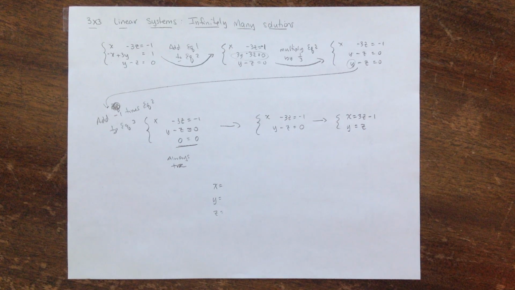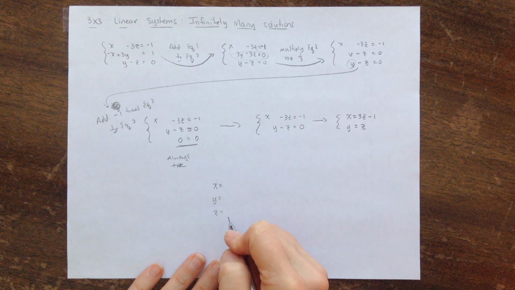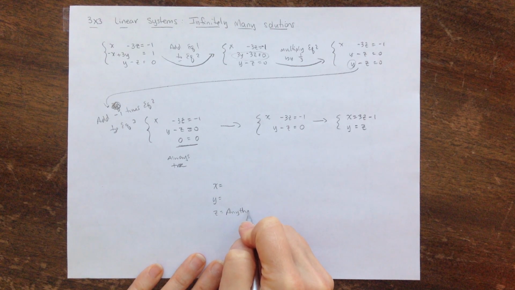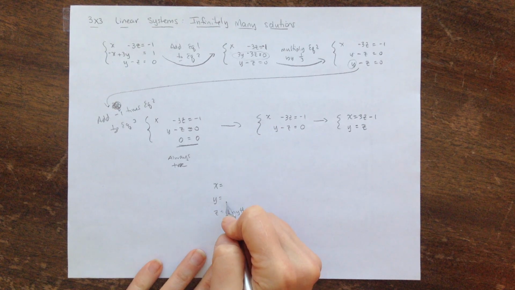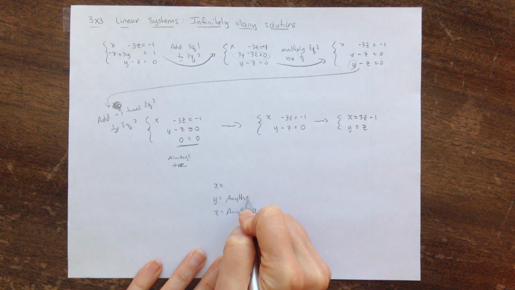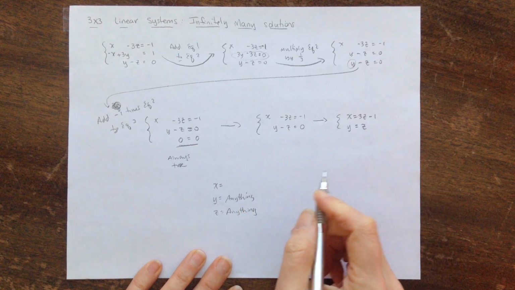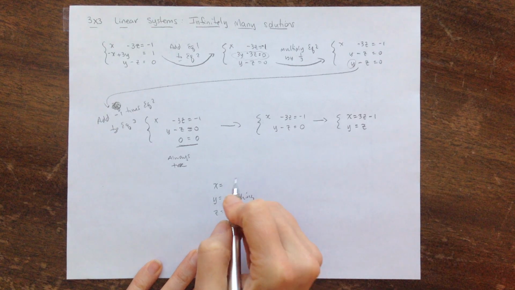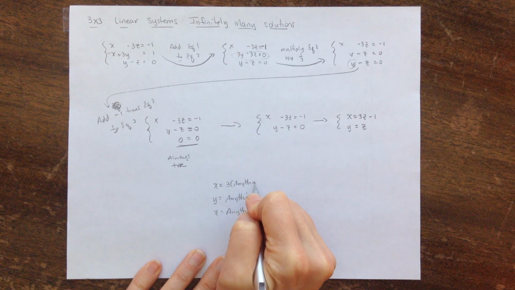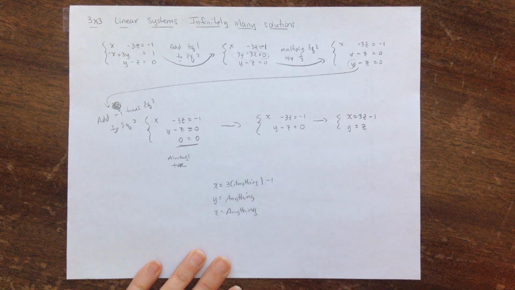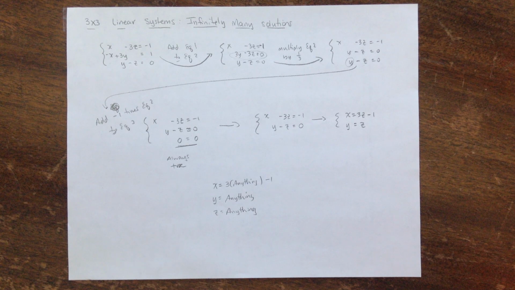But z isn't equal to anything in particular; z can be anything. And whatever z is, y is equal to that same anything, because y is equal to z. And whatever z is, x would be 3 times that anything minus 1.